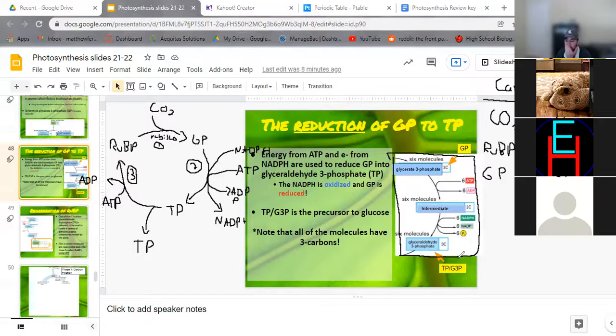No. So we should expect to see how many carbons at this point in time? 18. And look, we do. It tells us here that we have 6 molecules of a 3-carbon molecule. This 3-carbon has a wonderful name called triose phosphate, TP. TP is a 3-carbon molecule.